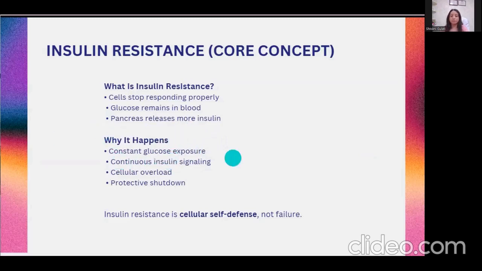So why does it happen? Not because the body is broken, but because the body is overstimulated.